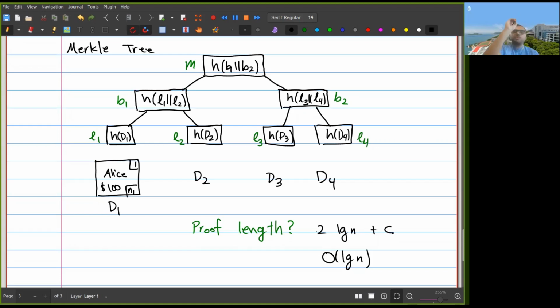And I have to prove the existence of everything in this path. But whenever I want to prove something's existence, I have no way but to also prove the existence of its sibling. So I have a path of length log n. I have to prove everything in this path, and I have to prove the siblings of everything in this path. So it takes 2 log n. Okay.